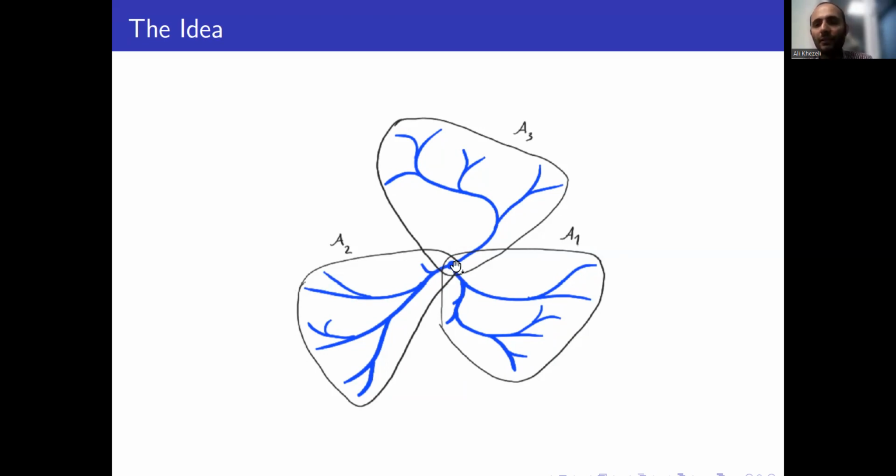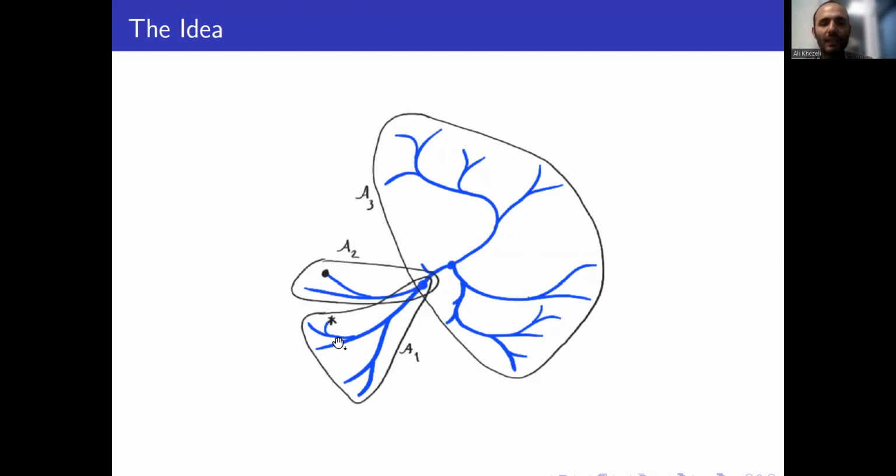So if we want to continue recursively, we should give an algorithm for trees with 1 special leaf as well. Now, I define another algorithm, which is given a tree with 1 special leaf. Again, split it at the centroid and split it in 3 branches. Note that one of these branches, which is this one, contains 2 special leaves now. One is the new centroid and one is the previous special leaf. So if we want to do recursion, we should give another algorithm for trees with 2 special leaves.